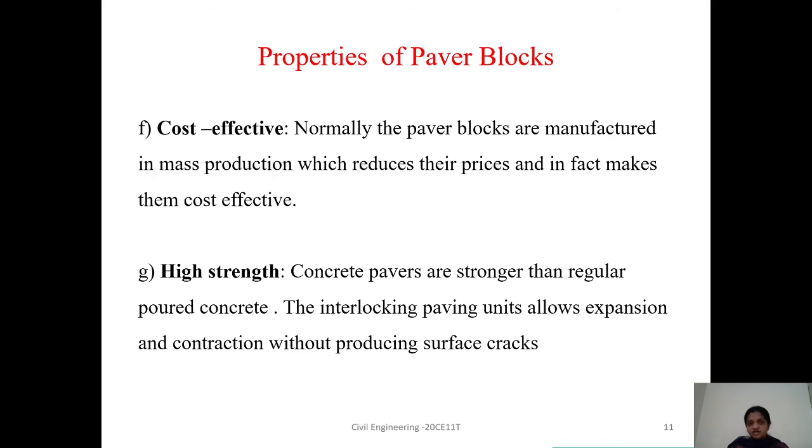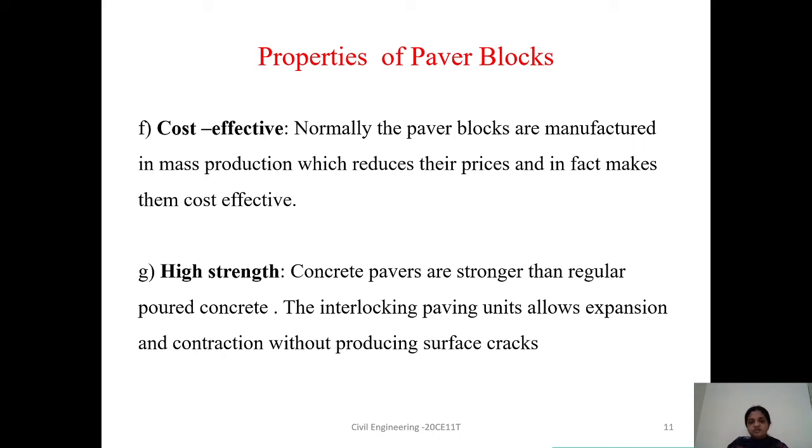It is cost effective. Normally, the paver blocks are mass manufactured. Therefore, it reduces the price of the block. And the maintenance cost is also low. And thus, it is cost effective.